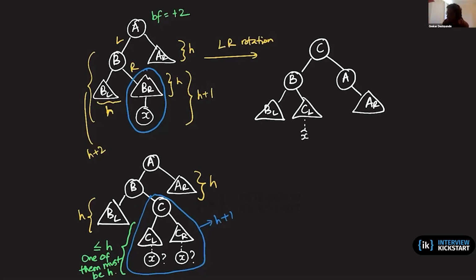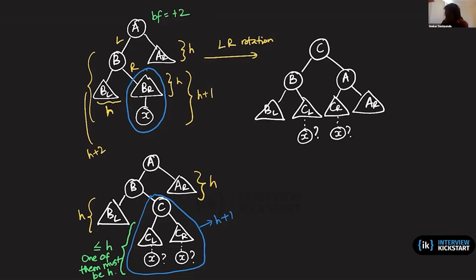Potentially with X, we don't know. Maybe X is C itself, or it could have gone into CR. Likewise, whatever was in CR was bigger than C, so it goes there. We don't know if X belonged to it.